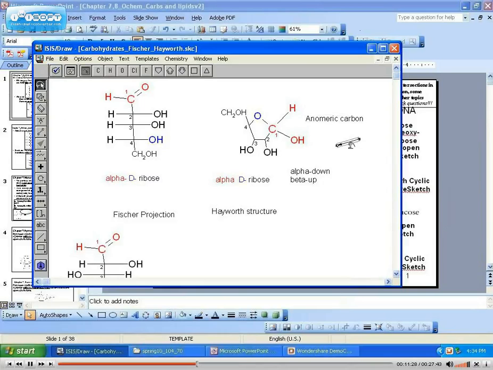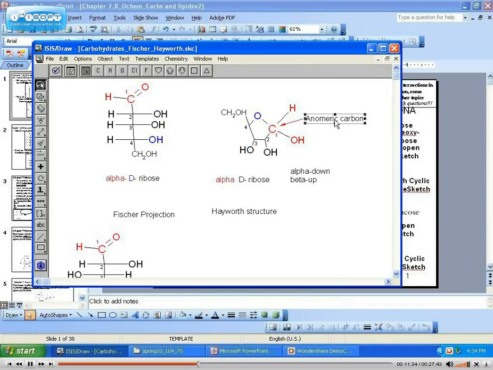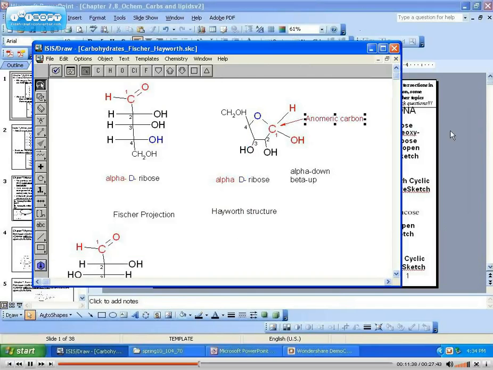So let's show the arrow going right here. And I'll highlight it in, what else, red. I'll even highlight this one in red. And that's the anomeric carbon. So in this case, to repeat myself a millionth time, on the anomeric carbon we have an alcohol which is facing down. So this is in its alpha position on the anomeric carbon.